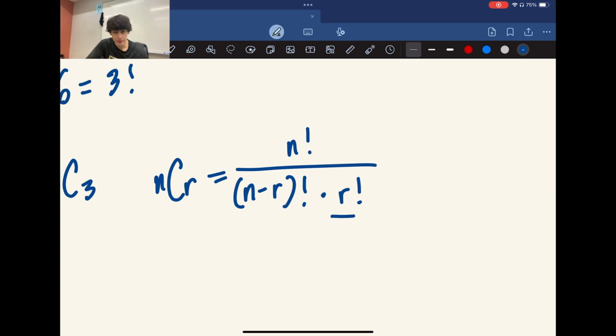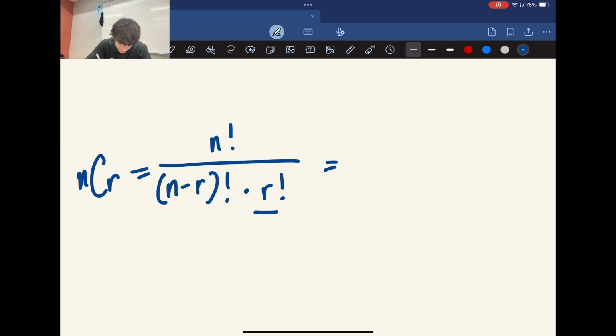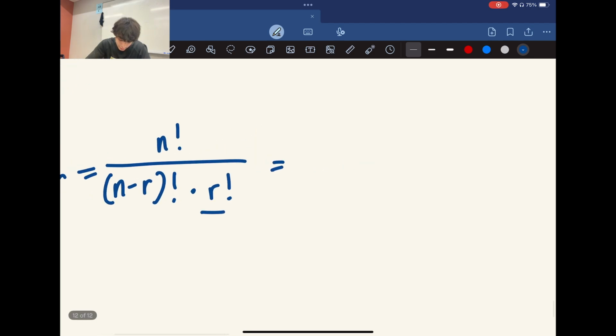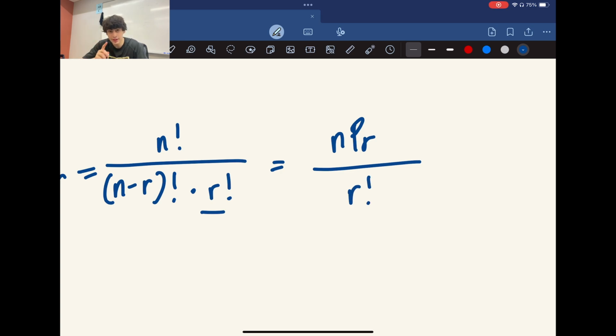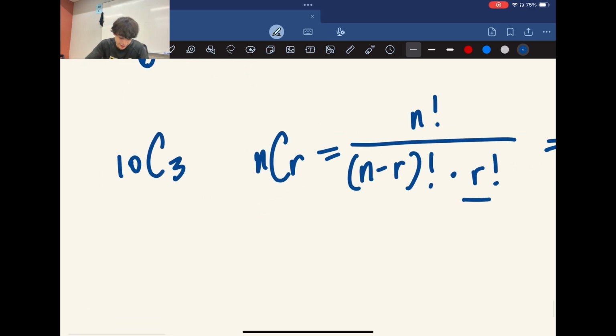The r factorial is going to be able to account for the amount of times that we overcounted, since this is now a combination where order does not matter, as opposed to a permutation where order indeed does matter. So this could actually be written as NCR is equal to NPR divided by R factorial. Pretty interesting stuff.